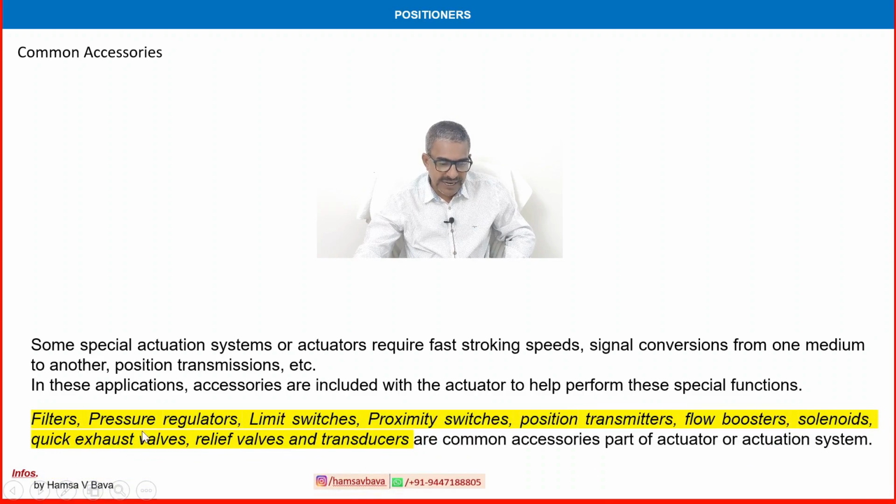Filters, pressure regulators, limit switches, proximity switches, position transmitters, flow boosters, solenoids, quick exhaust valves, relief valves and transducers are common accessories that are part of an actuator or actuation system.